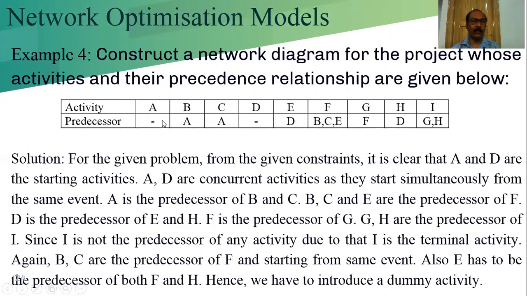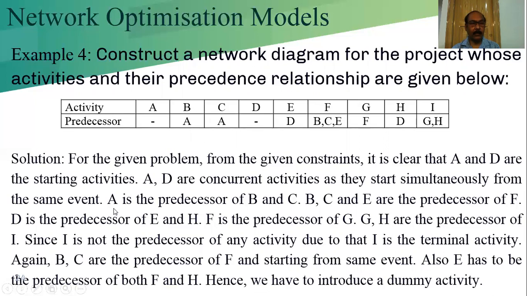They should start from the start node, and A and D are concurrent. Start node means they are starting from there. That means they are parallel activities, or we can call them concurrent activities. When activities start from the same node, they are called concurrent or parallel activities, as they start simultaneously from the same event.